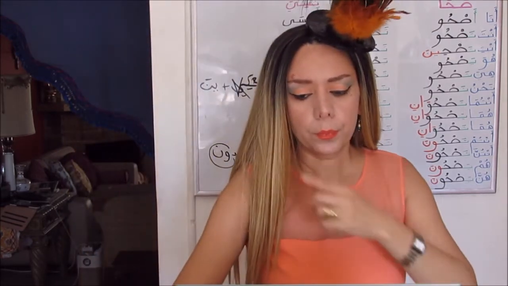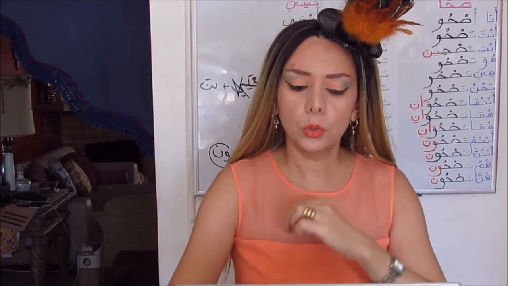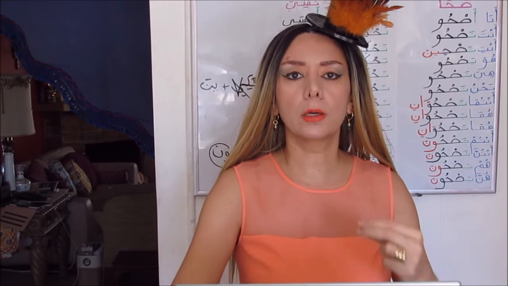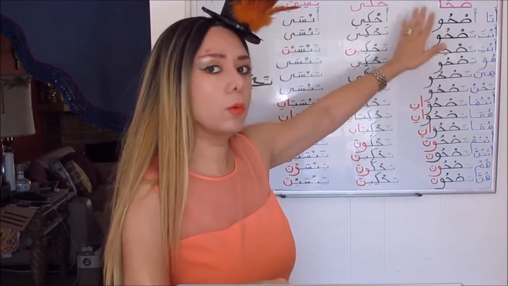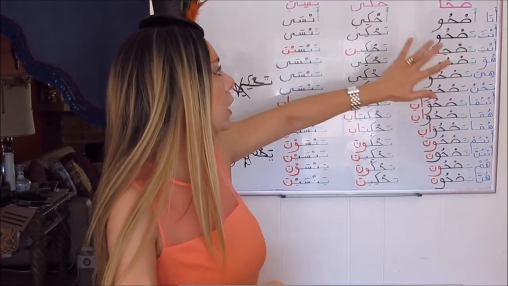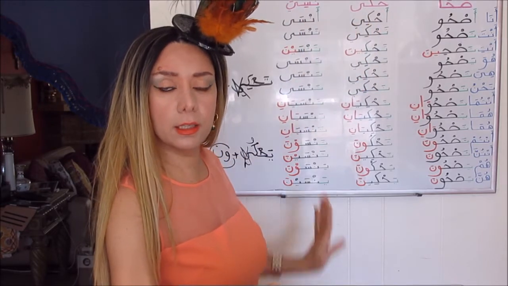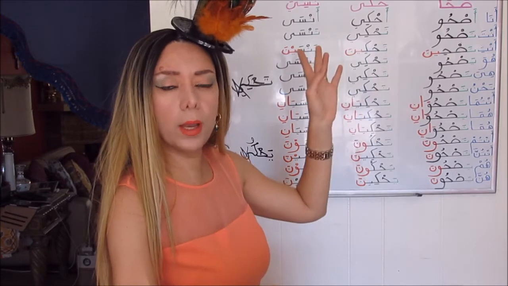So the shortened alif does not carry any short vowel. So the suffix dhamma cannot stand on long vowels. Alright? So the short vowels, the suffixes of the 5 conjugations would not show in any of these categories at all. Alright? Just throw them away.